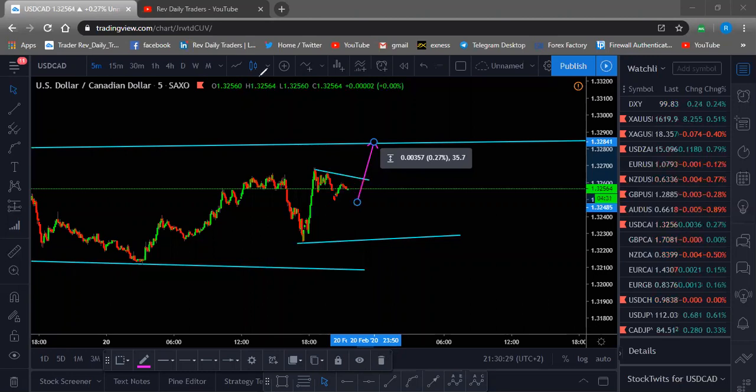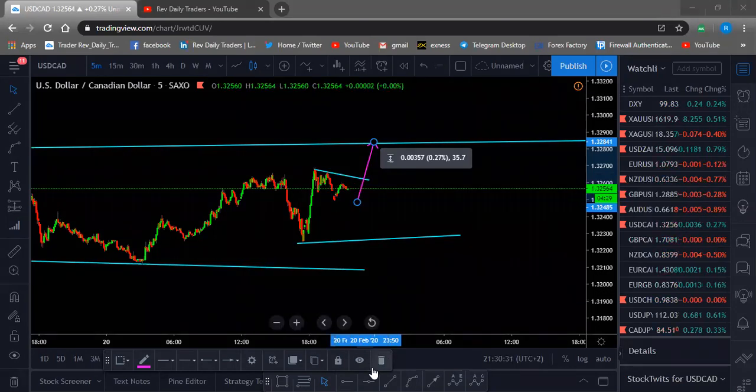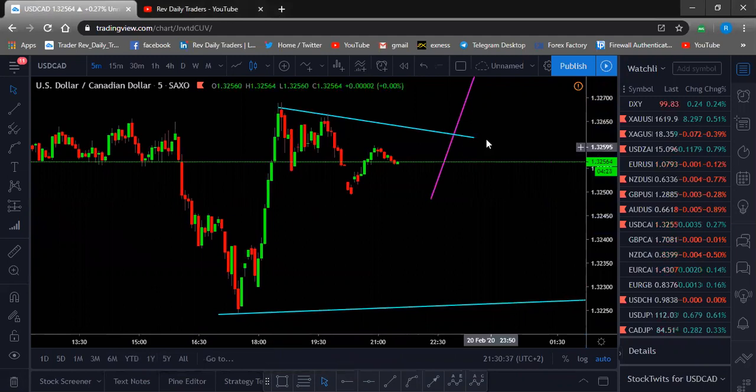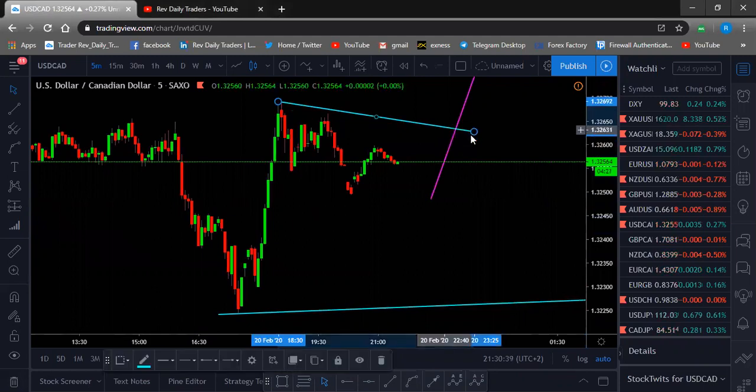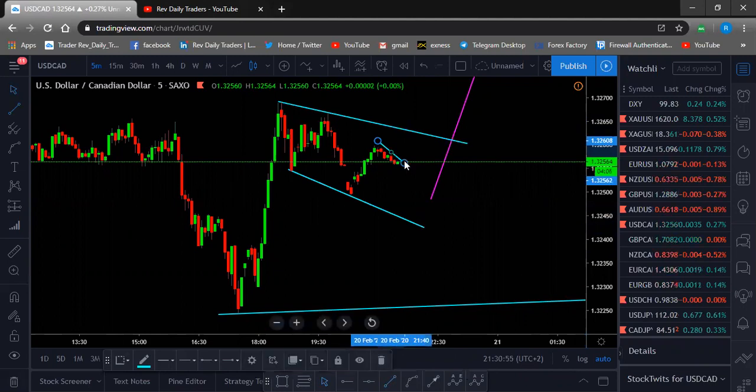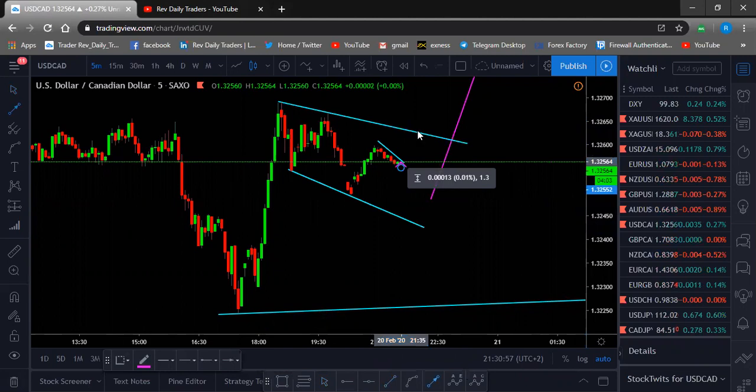Let me show you clean. Remember, this is 5 minutes, okay? Because on 5 minutes we have this pattern that is still in the making. This smaller correction should break up here, okay?